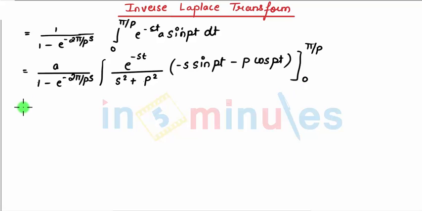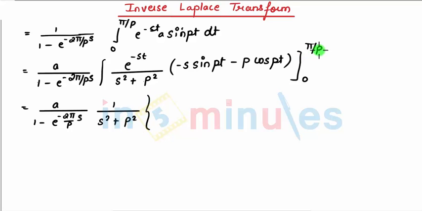So let's substitute now. s square plus p square is constant, so I say a divided by 1 minus e raised to minus 2 pi by p s, times 1 divided by s square plus p square, and then I substitute the upper limit pi by p first, that comes e raised to minus s pi by p, times minus s sin p, in the place of t I'll be keeping pi by p, minus p cos p, in the place of t pi by p.